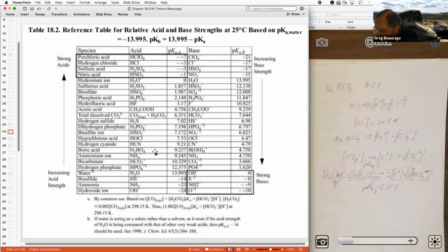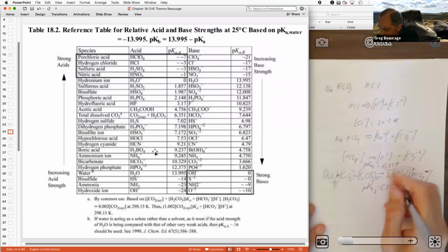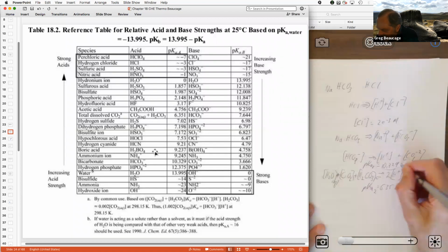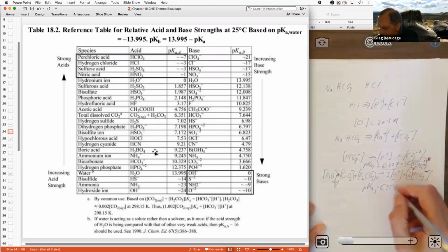These will have H plus times CO3 minus 2, divided by HCO3 minus. In the charge balance this one will have a 2 in front because it's minus 2.